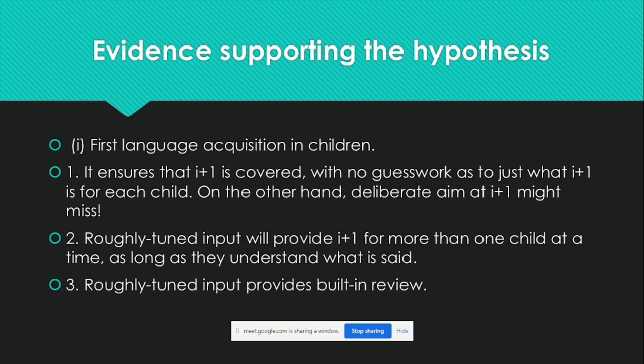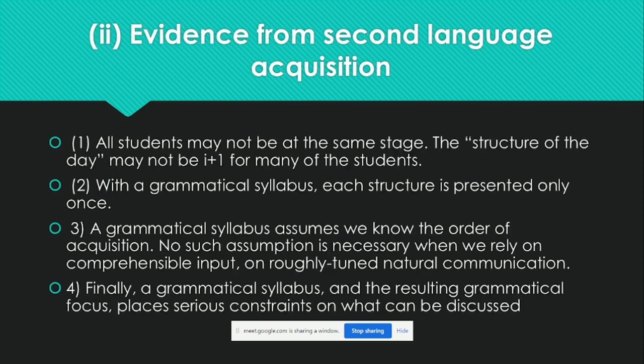Second, roughly tuned input will provide i plus 1 for more than one child at a time, as long as they understand what is said. Third, roughly tuned input provides built-in review.